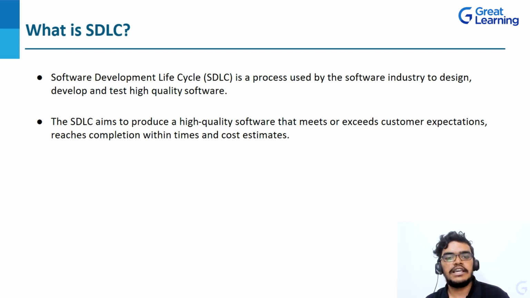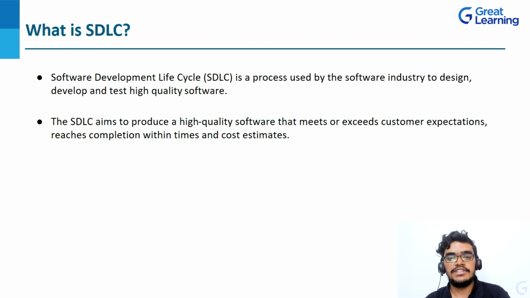Now coming to the second point, the SDLC aims to produce high quality software that meets or exceeds customer expectations and reaches completion within time and cost estimates. Let's understand this statement with an example. Let's suppose we have two companies, company A and company B. Company A is a client-based company, whereas company B is a service-based company.